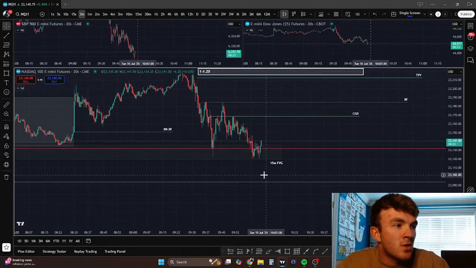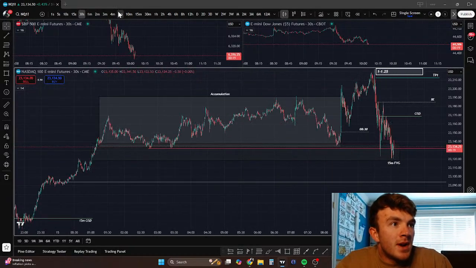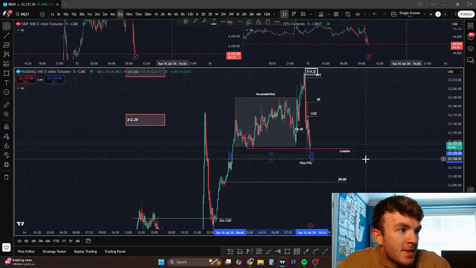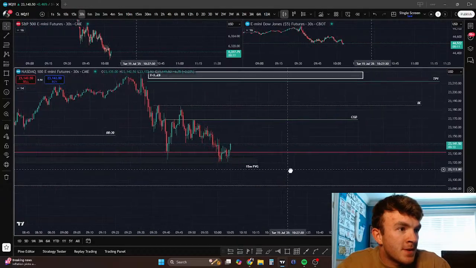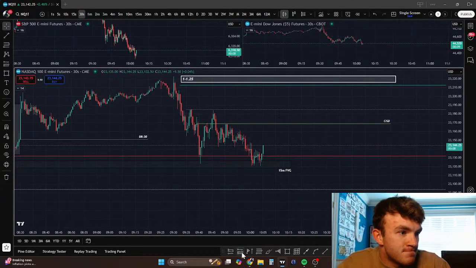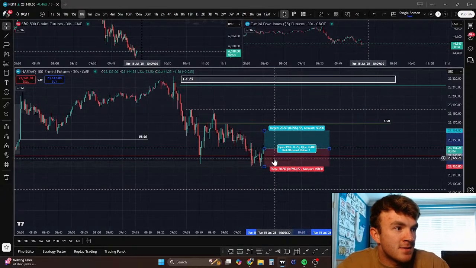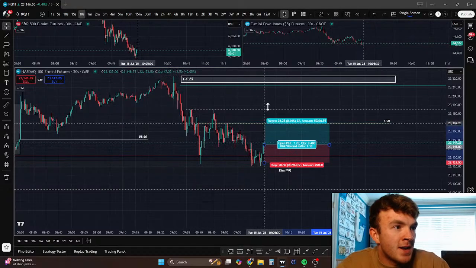But I do think we're going to go run liquidity now. I think when we get this close, with this 5-minute gap here, we'll probably go run liquidity. This looks nice. I bet you we're gonna go run liquidity right now.